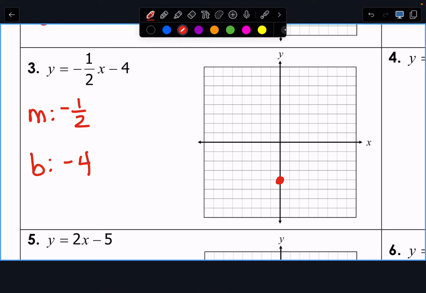Okay, should our line rise or fall? It should fall. Since we are doing rise over run, we need to fall 1 and then go to the right 2.